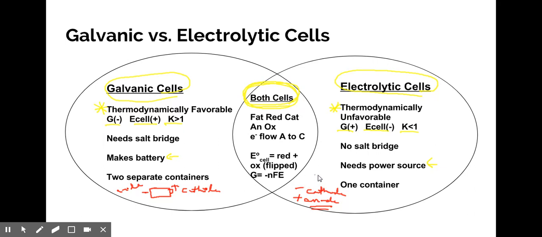The reason why is because since I have to hook up a power source, I'm forcing those electrons to go to the cathode. So we hook it up to the negative end of the battery. The cathode hooks up to the negative end of the power source in order to force those electrons to go through there. Okay, so this is the main differences for electrolytic and galvanic cells. You need to get those separate in your head.